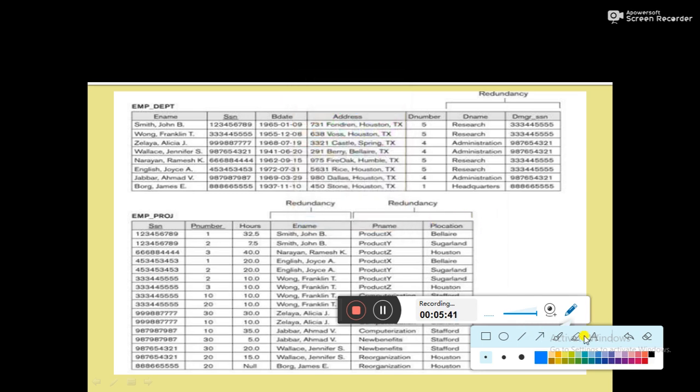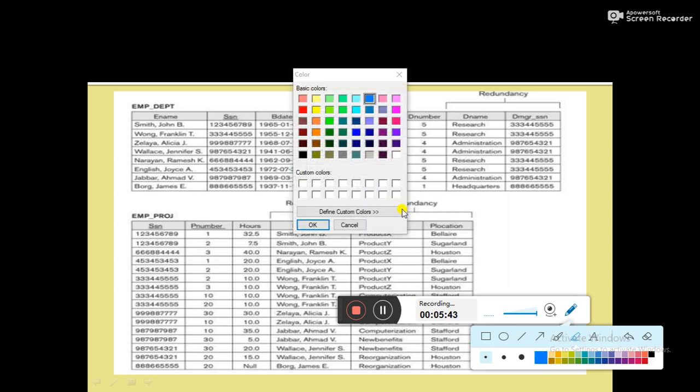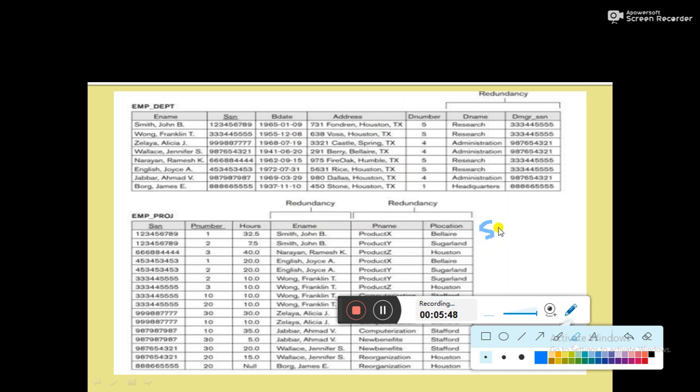Let me write it here: SSN arrow ename. First consider this one.